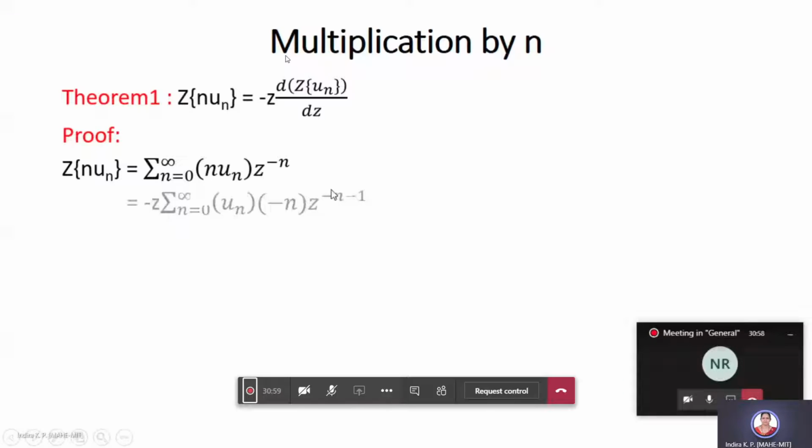That is equal to, what I will do is multiply by z and divide by z. So this is what I get. I have introduced a minus n here, and minus n here. Obviously, the reason is that I have to get it as d by dz of z to the power minus n. Therefore, I am taking minus n minus 1.